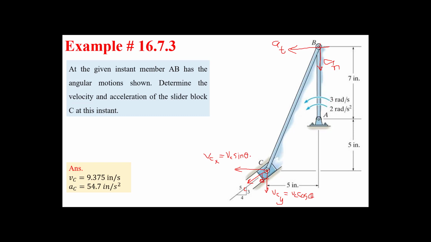So this sine theta, if I take a look at this triangle, equals 4 over 5, and this is equal to 0.8. And this one, cosine theta, equals 3 over 5, and this is equal to 0.6.